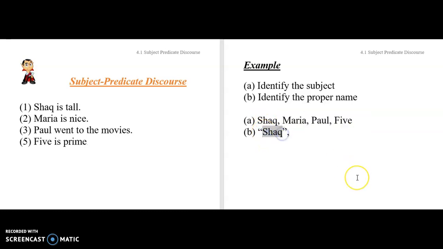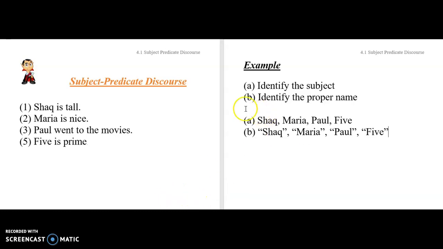The word is not 7 foot 3, okay? And the proper name is what we use to refer to the thing, okay? So we want to distinguish these things carefully for our future work. So similarly, in the case of 2, the proper name is Maria, proper name is Paul, and the proper name in the 5th case is, in fact, 5, okay?